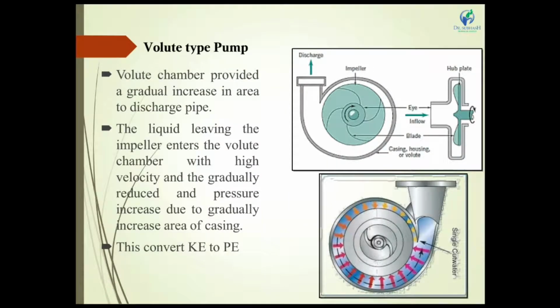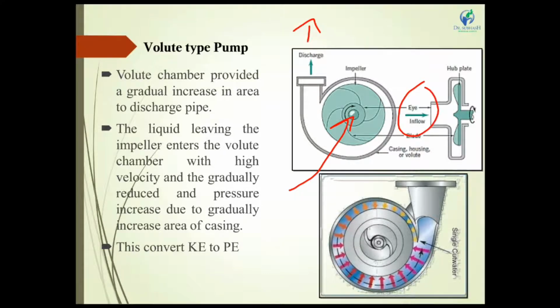The first type of centrifugal pump is the volute type pump. There is a discharge side, and in the center the inlet side, which means there is a flow and an eye.